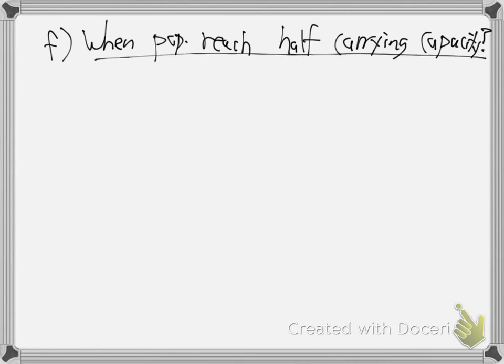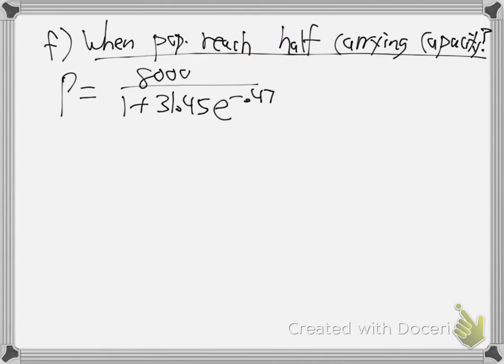Let me write the formula again for us. 8,000 over 1 plus 31.4 e to the minus 0.47t. Okay, so when will the population reach half of its carrying capacity? So how am I going to find that out? Jumping right to the last one, the hardest one.